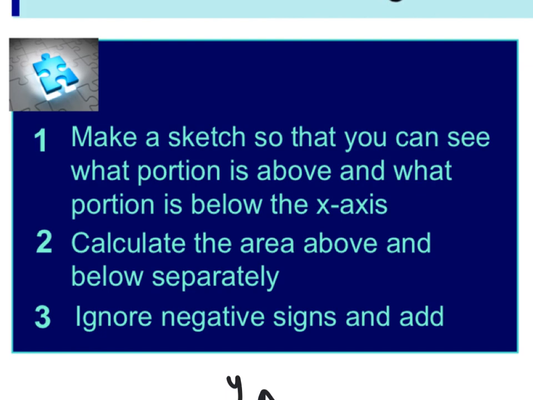Second point, calculate the area above and the area below separately. Your area above will be positive, your area below will be negative, so it's okay to get a negative answer for below. Your third and final step is a completely separate statement. You're then going to find your total area by ignoring your negative signs and adding the numbers involved together.